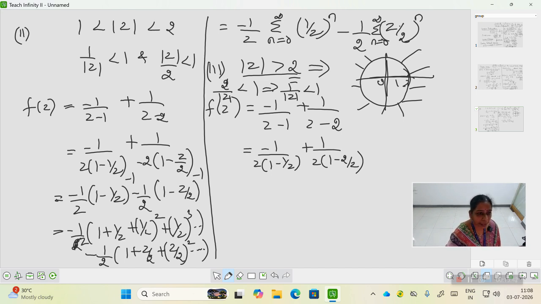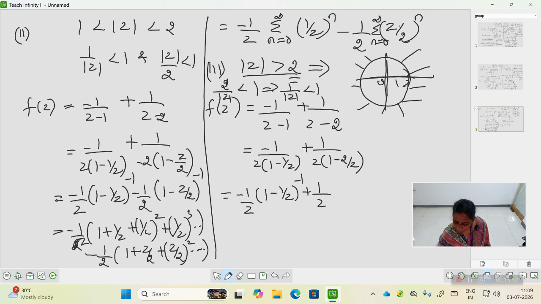Here we are expanding the analytic function using the Laurent series. So minus 1 by z, 1 minus 1 by z the whole inverse, plus 1 by z, 1 minus 2 by z the whole inverse, since it should contain both positive and negative power terms.